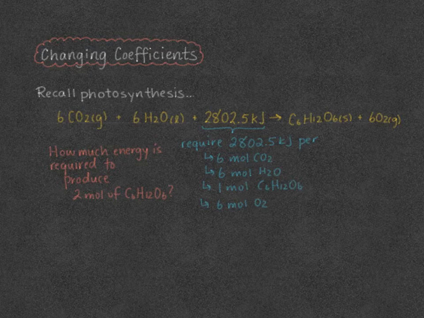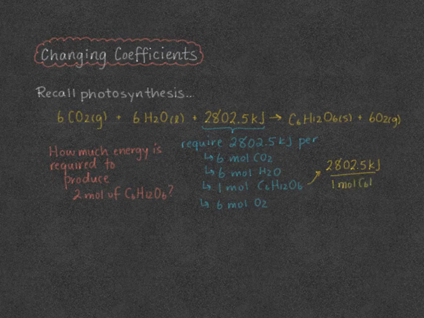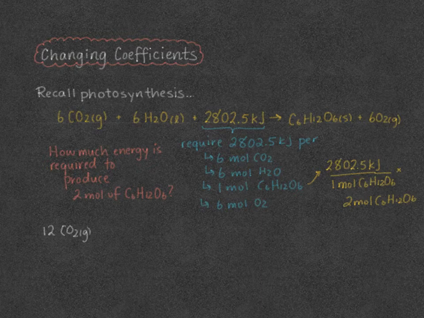If we make 2 moles of glucose, we're going to use this value, this 2,802.5 kilojoules per 1 mole of glucose from our balanced reaction, and we're going to multiply that by 2 moles of glucose. So what that's going to do is if we make 2 moles of glucose, we're going to need 12 moles of CO2. So we're going to double everything.